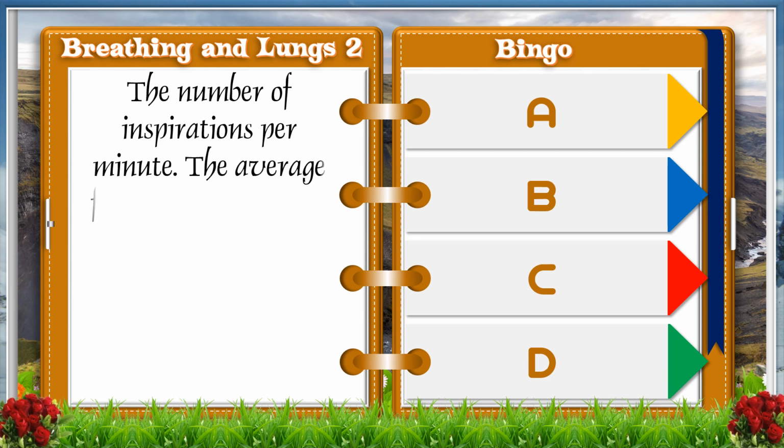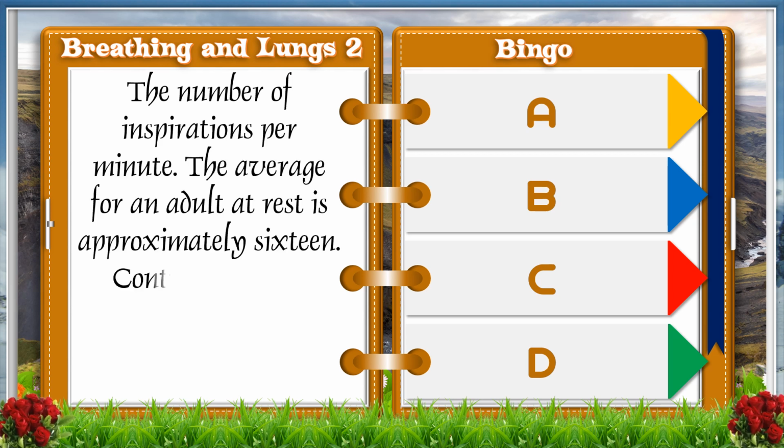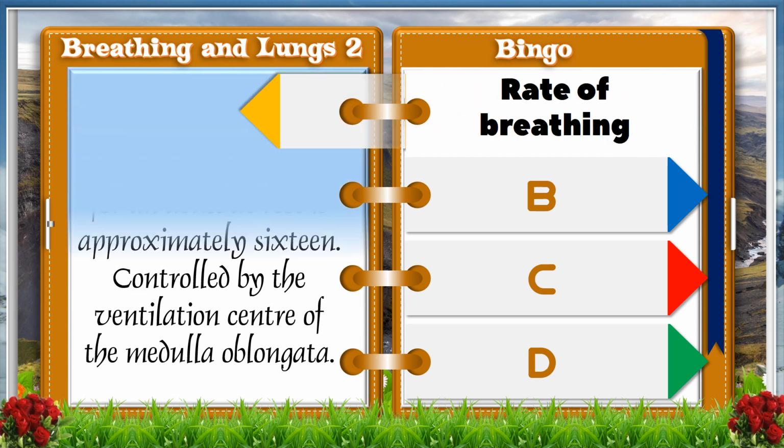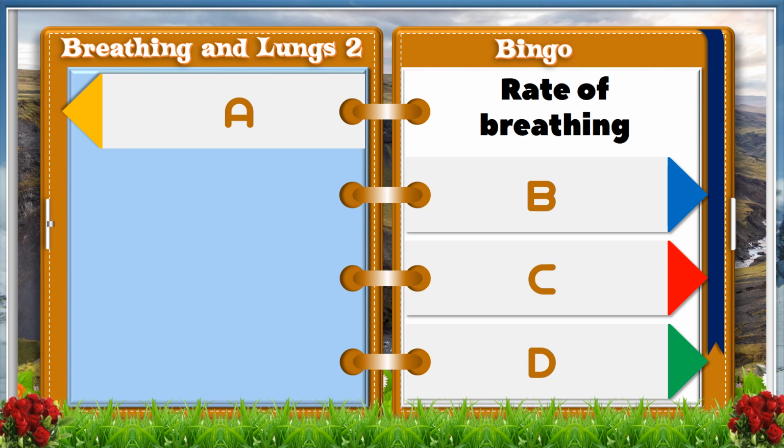The number of inspirations per minute. The average for an adult at rest is approximately 16, controlled by the ventilation center of the medulla oblongata. A. Rate of breathing.